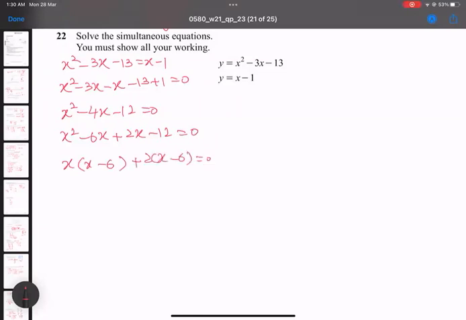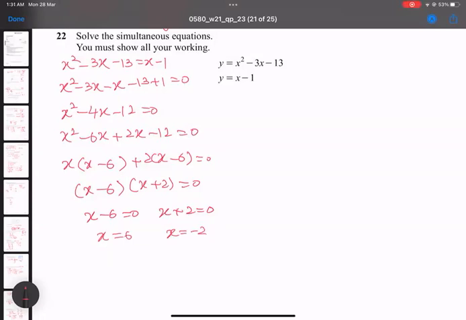And if they match, it means we are doing it correctly. This common out, x plus 2 is left, equal to 0. Either x minus 6 is equal to 0, or x plus 2 is equal to 0. After this, I can take 6 to the other side, and this 2 to the other side. So I got 2 answers.